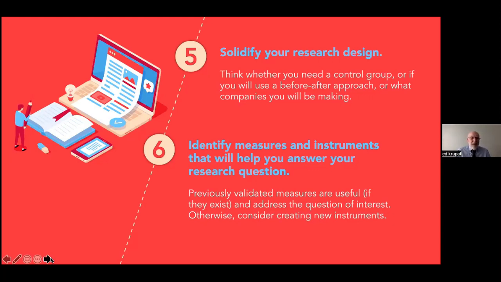If you wanted to study empathy, for instance, there is something called the Jefferson Empathy Scale. It's probably been translated into 50 languages and used in hundreds of studies. Why would you develop a new empathy measure if you had the Jefferson? Or maybe you don't like the Jefferson. Well, there are a dozen others that have also stood the test of time.